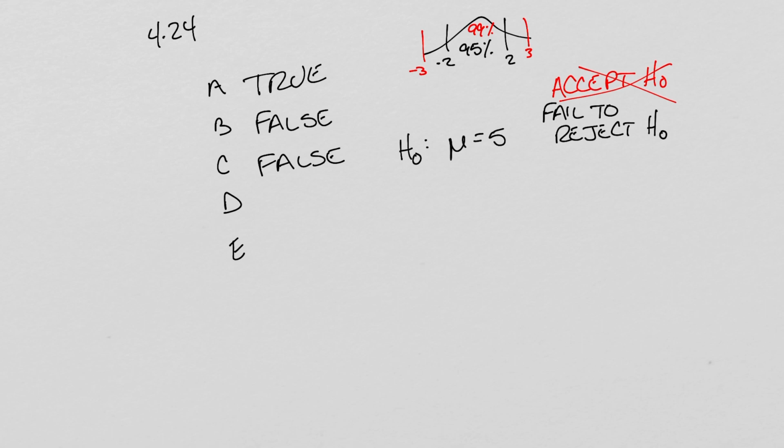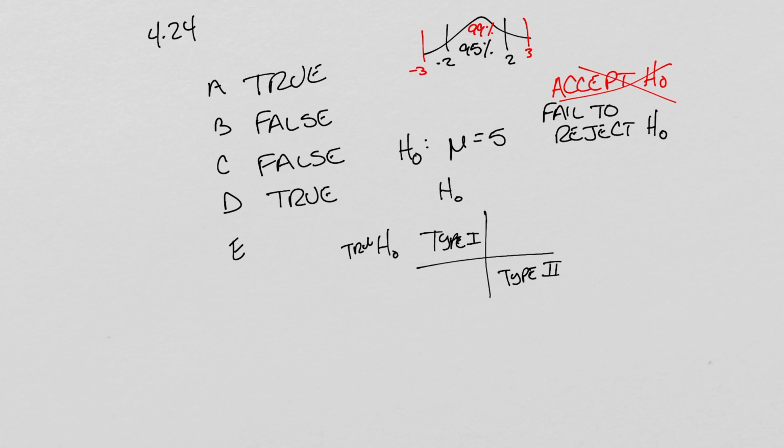D, if the alternative hypothesis is true, then the probability of making a type 2 error and the power of a test add up to 1. True. And remember that table: type 1, type 2, and then the true null, the true alternative, and what we went with, reject or fail to reject the null.